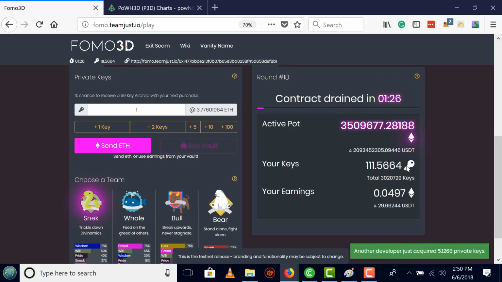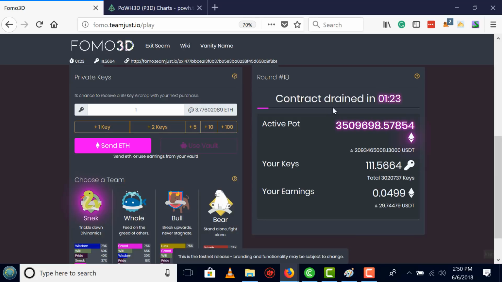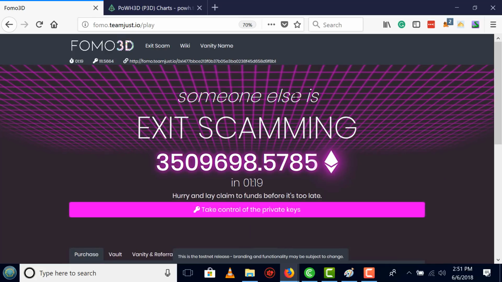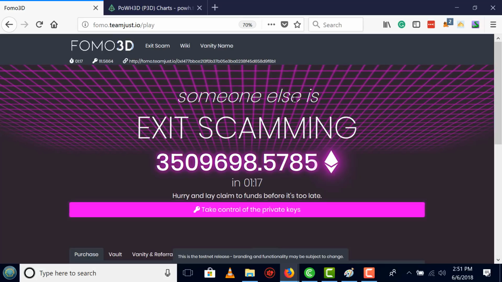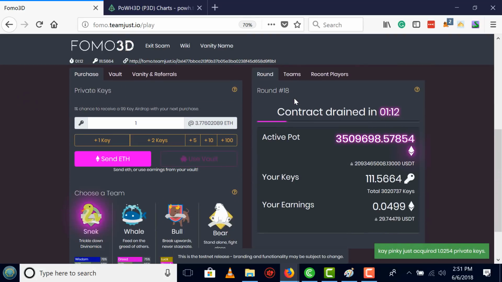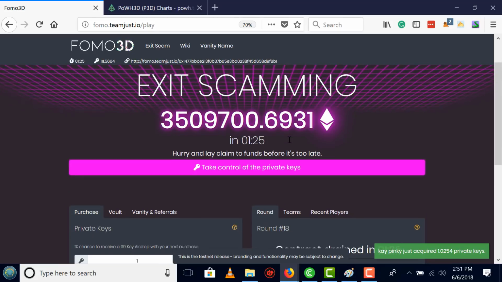So just for holding keys, it works a little bit like P3d tokens do in the P3d ecosphere. Just for holding the keys, you earn a little bit of rewards, even though I wasn't the last one to purchase a key. This contract is draining. If it gets to 0, whoever someone else is, it just means that they're anonymous. They don't have a name attached. But whoever bought that last key is going to get the lion's share of this.